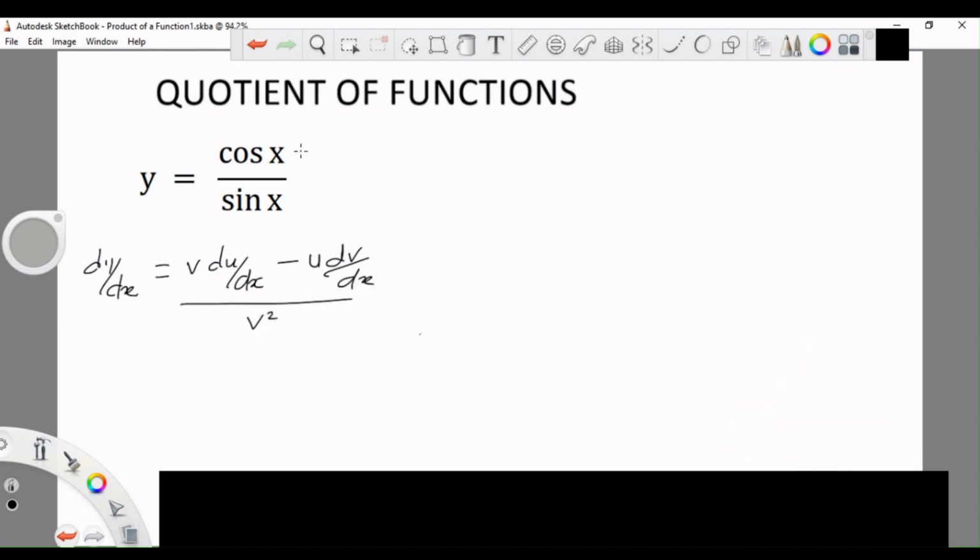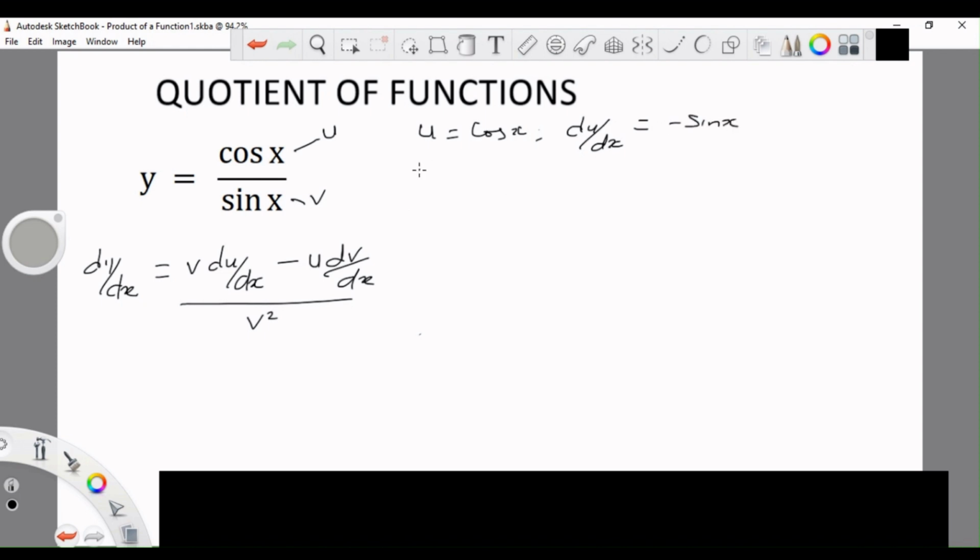And again, the numerator is our u and the denominator is our v. So u is equal to cos x. Remember, when you differentiate u with respect to x, that will give us negative sin x.